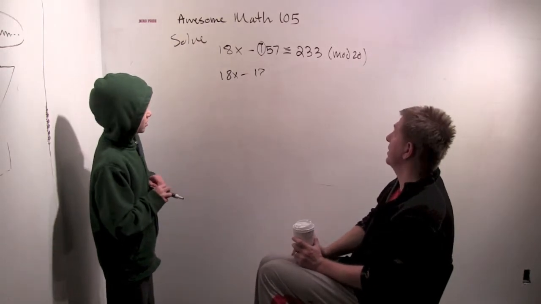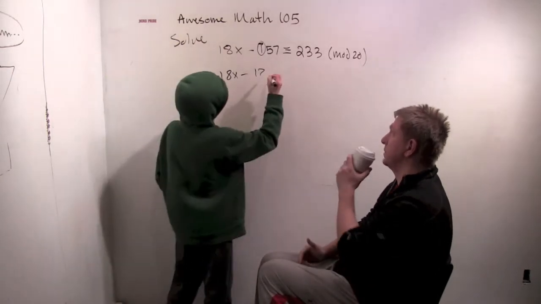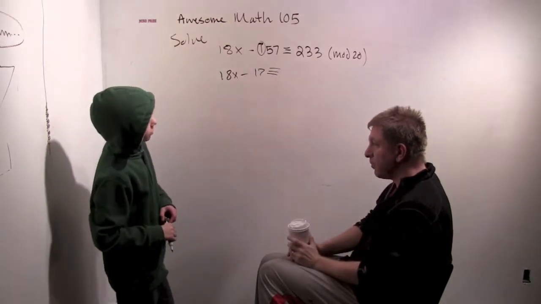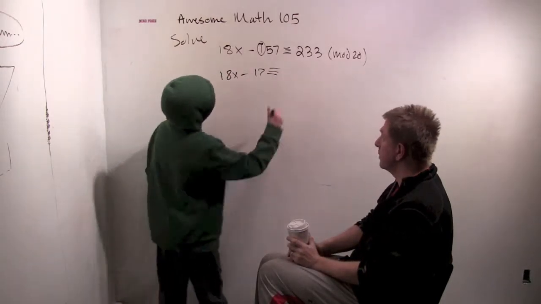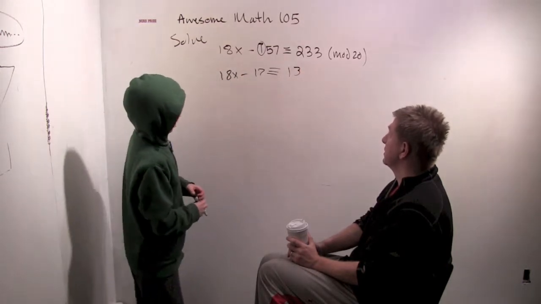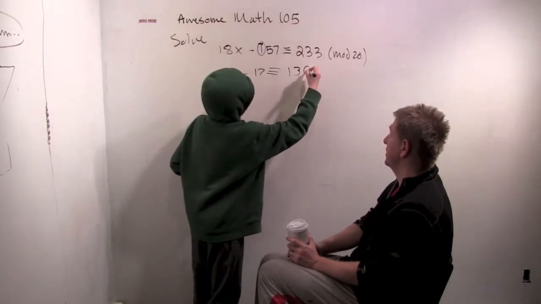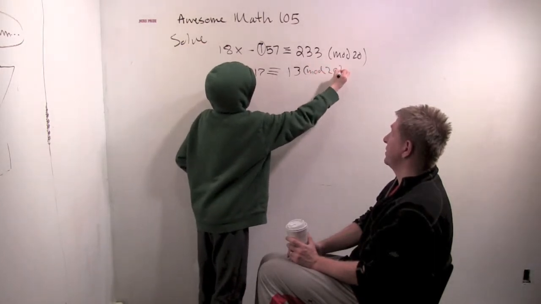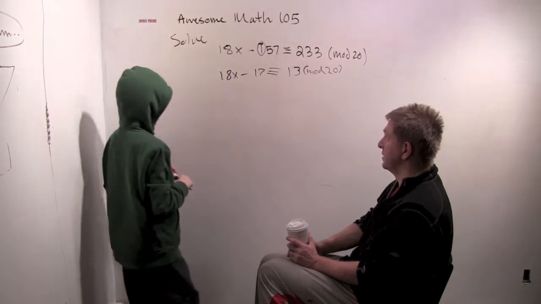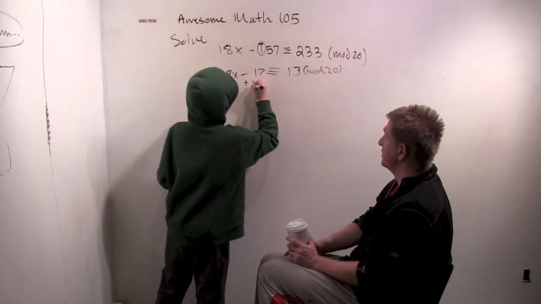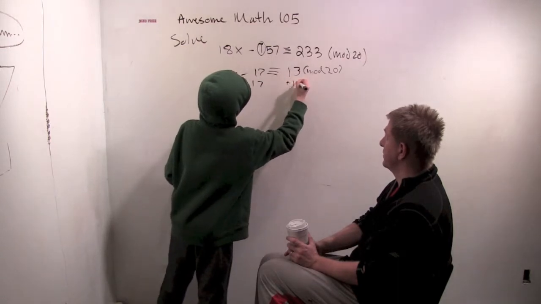Okay? All right? So now 18x is congruent to 13 mod 20. With positives, it's a little easier to see. And we can add 17 to both sides.